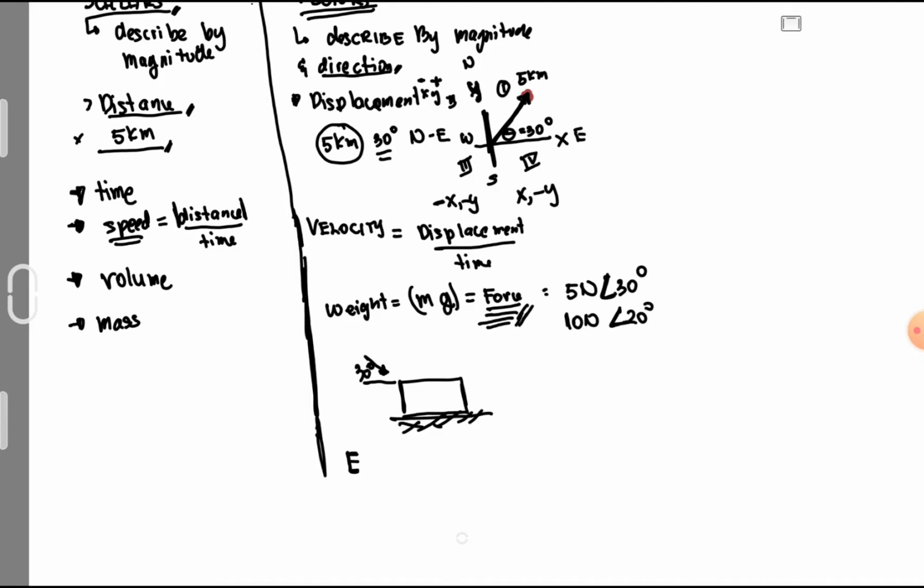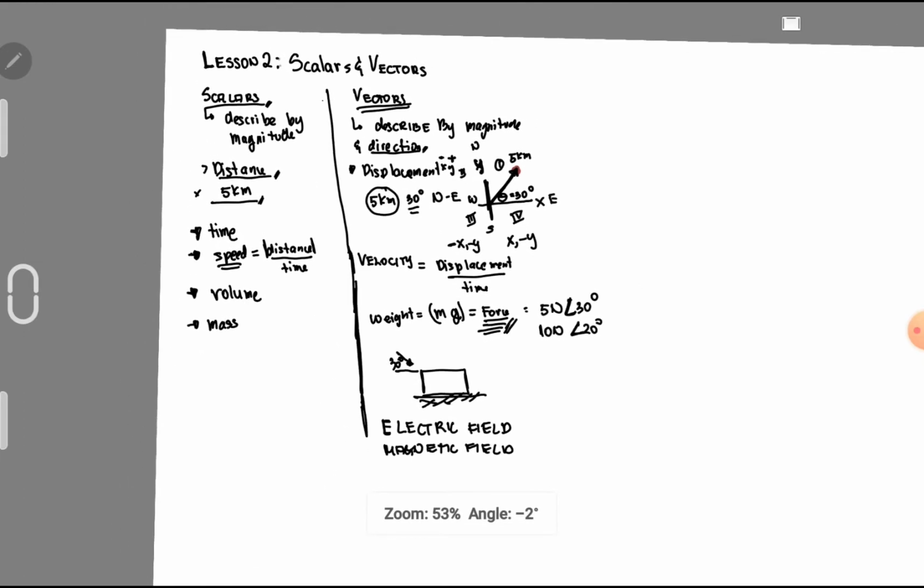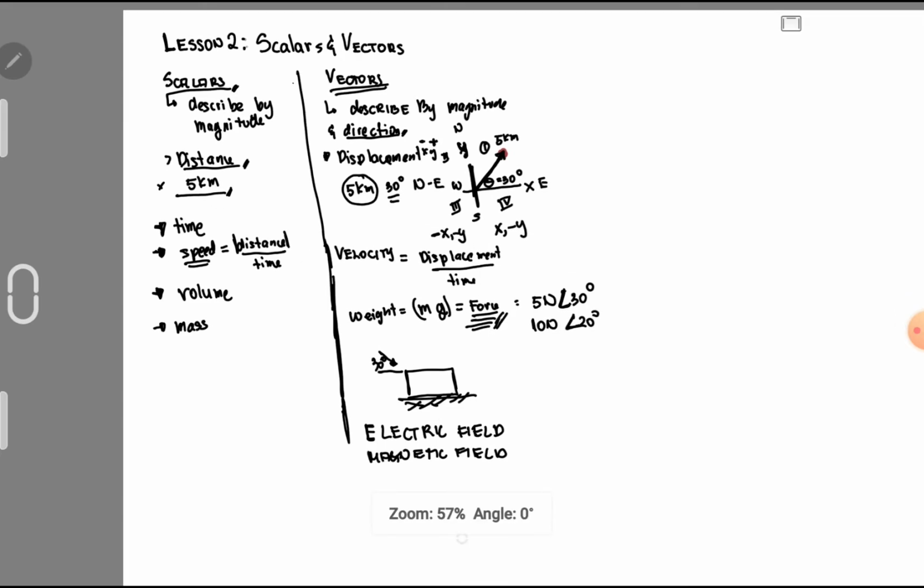That is your electric field and your magnetic field. It is considered a vector quantity. Okay, so these two quantities will be needed in our discussion in this subject.